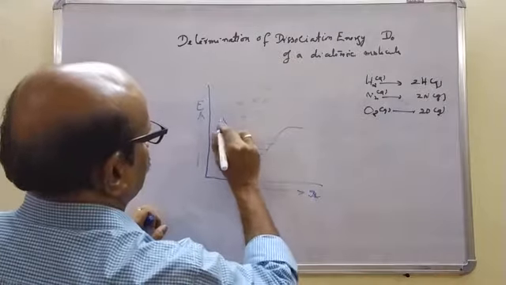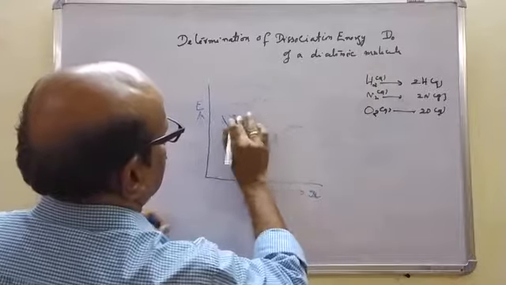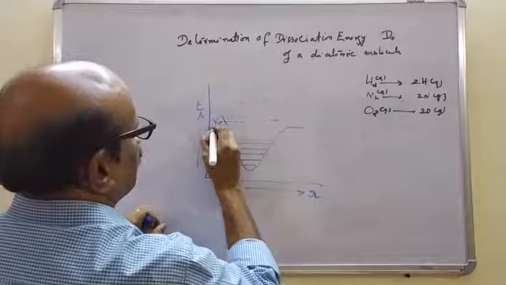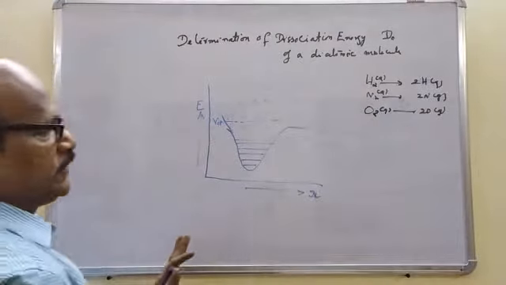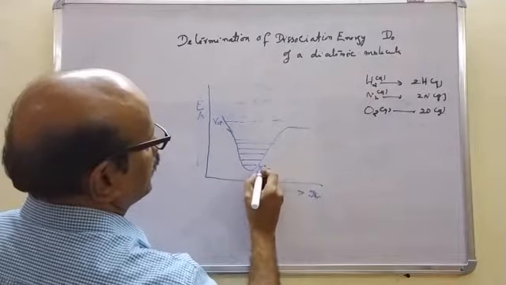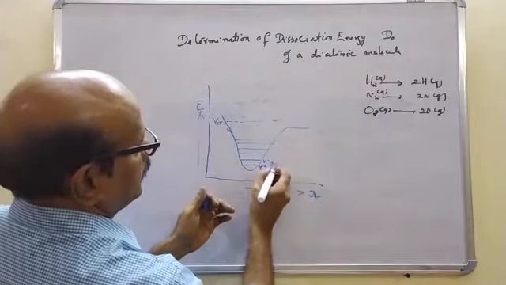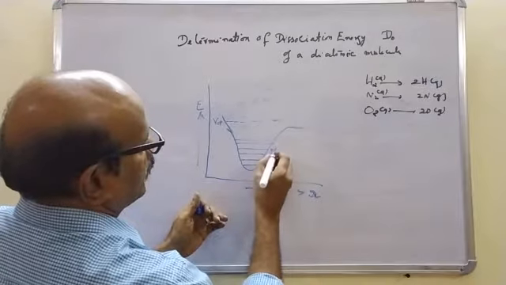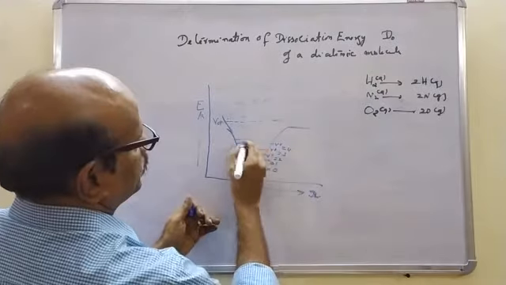This is the limiting level, beyond which the molecule will undergo dissociation. So these are nu double dash 0, nu double dash 1, nu double dash 2, nu double dash 3, nu double dash 4, etc.